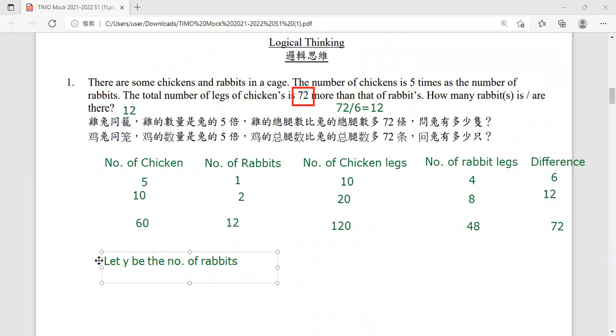Then 5y times 2 minus 4y will be equal to 72. Just that easy. So it means 6y equals 72, and you will get y equals 12. Both methods are okay.